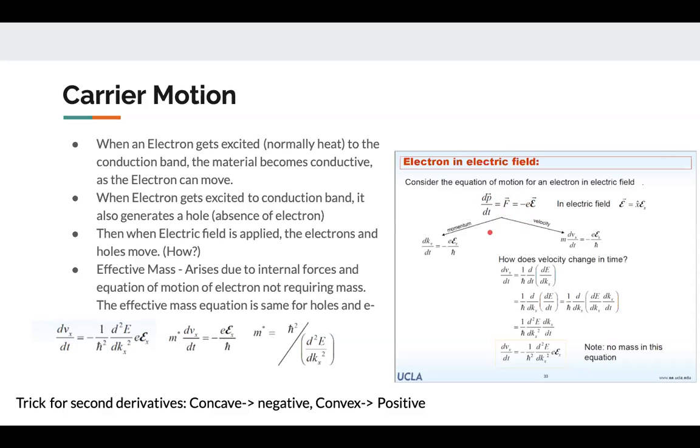From de Broglie's relation, momentum is h bar times k, so the time derivative of k is equal to negative e times the electric field over h bar. Also, m dv/dt is equal to negative e times the electric field. So how can we find dv/dt?